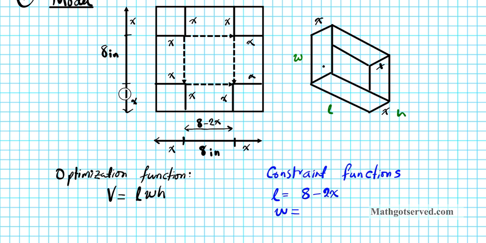So we take an x out of there and an x out of there, and then what do you have left as the width from here to here? You just take out the two x's. Let me use a ruler to indicate that measure. So this side I have left here is going to be 8 minus 2x also. So another constraint, on the width, is 8 minus 2x.